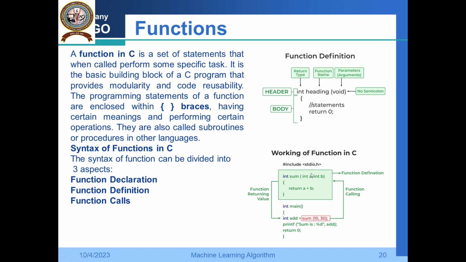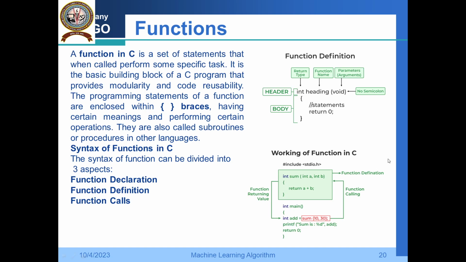That means 10 is assigned to integer a and 30 is assigned to integer b. Then the function sum returns a plus b, which is stored in add, and it is an integer data type. Now print sum is percentage d of add. Then return 0. You got it now.